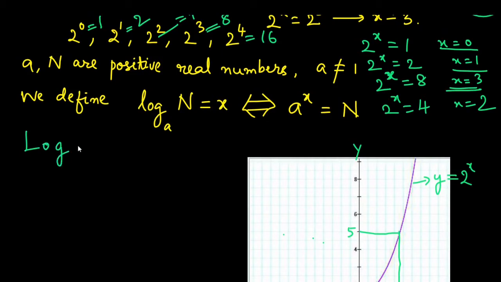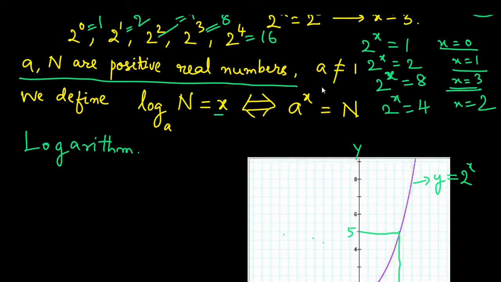Let a and n be positive real numbers and a is not equal to 1. We are not taking negative numbers, and for a, 1 is also not valid.